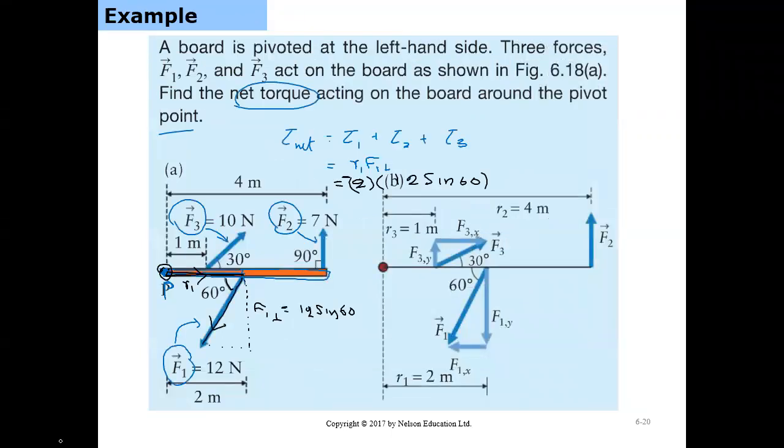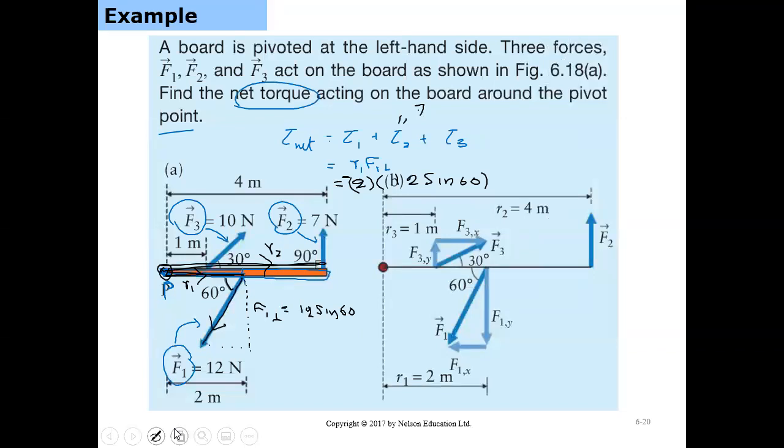Now let us quickly get the torque 2. Torque 2 will be 7 Newton. Yeah, it is perpendicular already, right? This is the R now. This is the R2. F2 is already perpendicular to R2. So the angle it is making with the x-axis is 90 degrees.